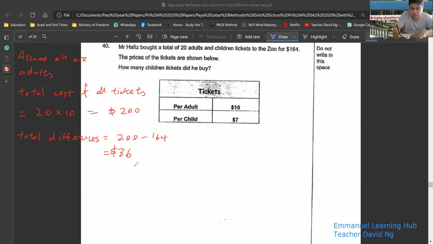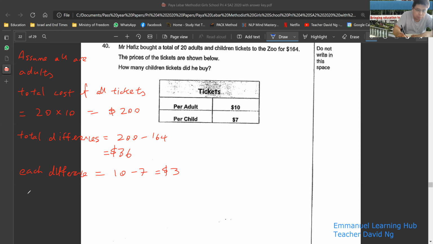And this difference is the result of each difference. Each difference will be 10 minus 7. Each difference between each adult and each child will be $3.